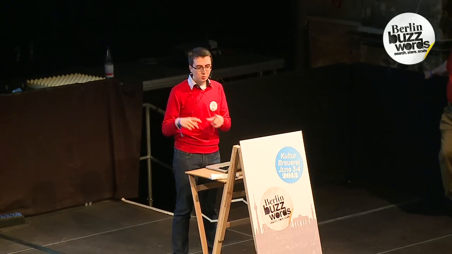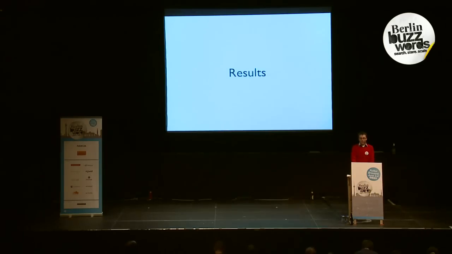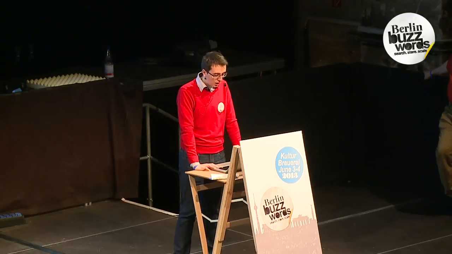You just copy in the Mahout code and change a few things. It works fairly well. And there's Trident, which is basically a higher level Storm thing, but I'm not going to go there. So now that I talked to you about all that, how does this actually perform?